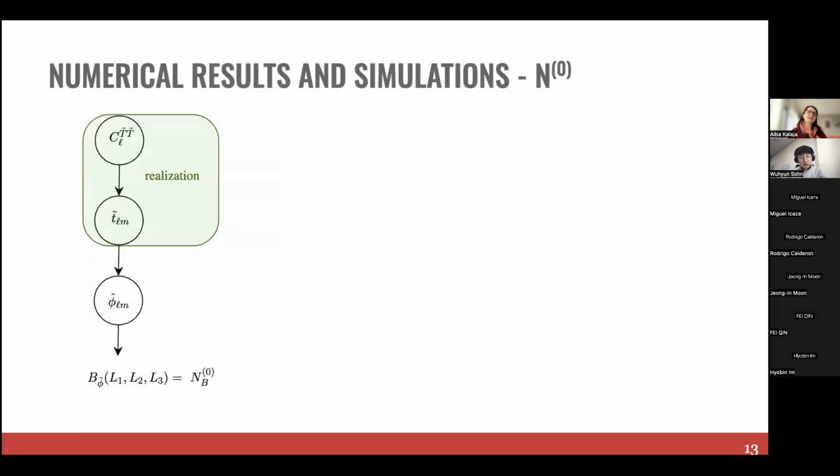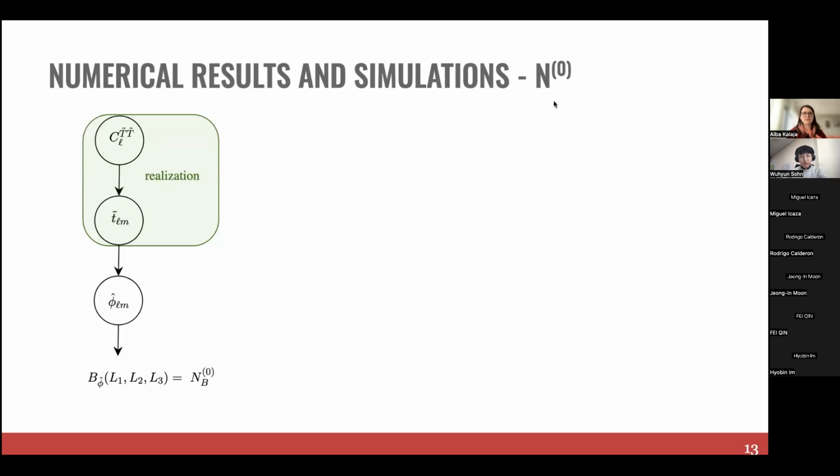In particular, here we focused on the largest noise biases. So we focused on N0 and N1 because they have the highest contribution, and they're also quite easy to simulate as well. So it was something that we could also validate with simulations.